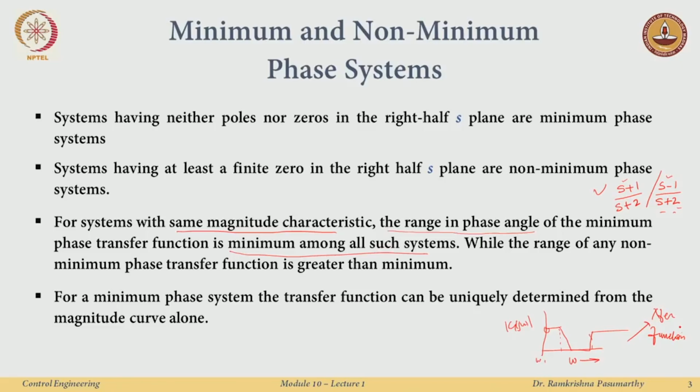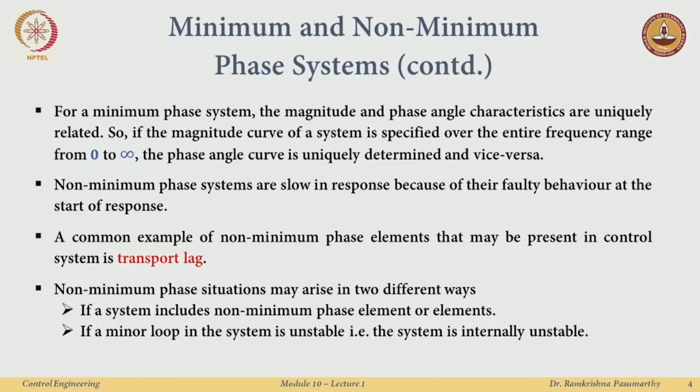For that, I first need to make sure that my phase would be of a minimum phase system. For a minimum phase system, the transfer function can be uniquely determined from the magnitude curve alone. So, I will assume that whenever I am doing this experimental determination, my system would be minimum phase. More on this will keep coming.